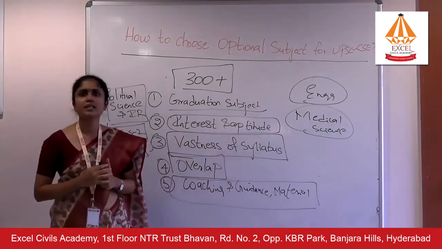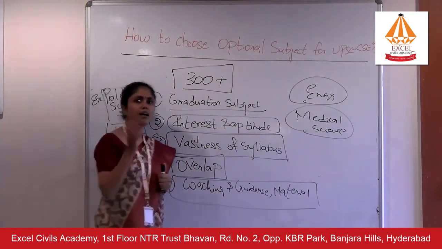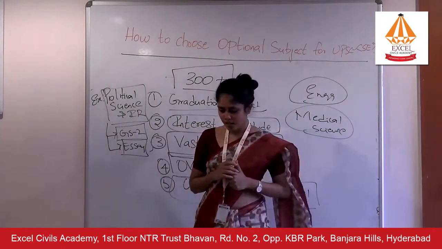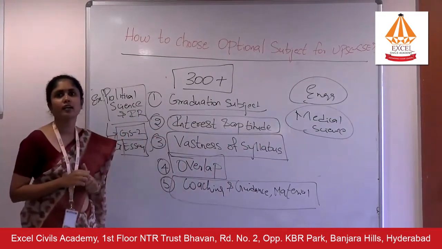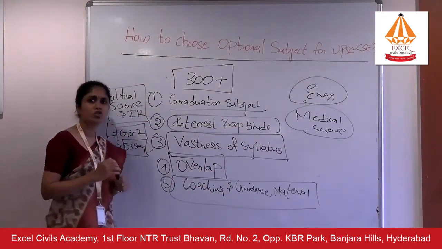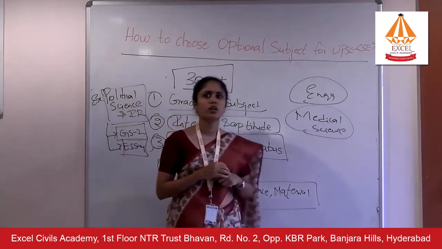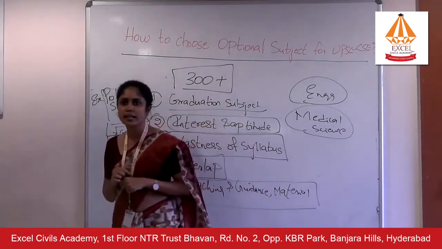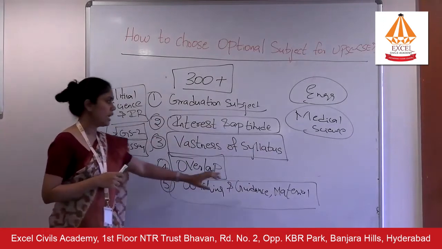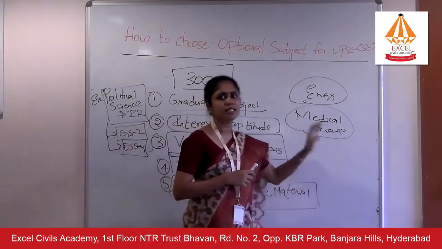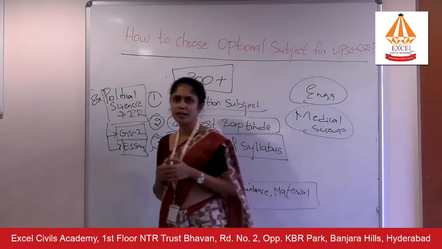Now, whether this guidance is available to you in the area that you are staying in, whether you have some faculty that can guide you, whether you have some coaching institutes that can guide you, whether your college faculty can guide you. Now, these are all the factors that you have to analyze, right? And you also have to look at the presence of material in the market, right?